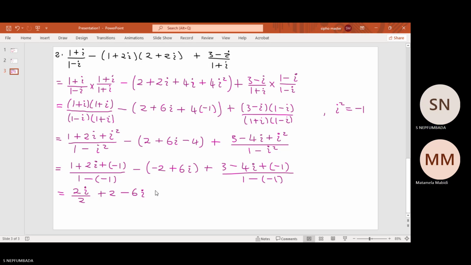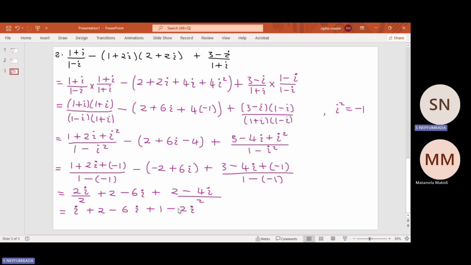Then plus, we've got 2 minus 4i divided by 2. Then 2 and 2 cancel. We've got i plus 2 minus 6i, plus that 2 is going to divide each, and we've got 1 minus 2i.